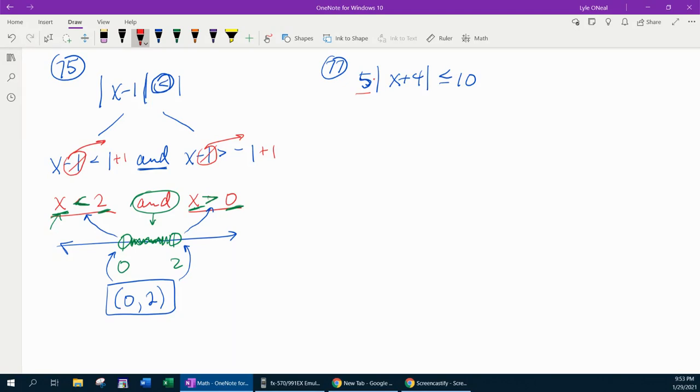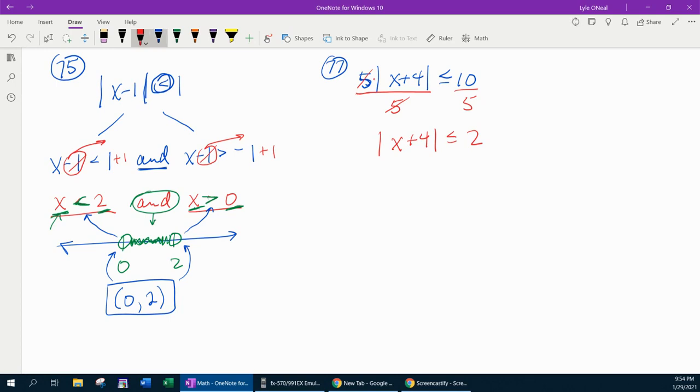In order to isolate the absolute value, I'm going to first have to divide both sides by 5. And that'll give me the absolute value of x plus 4 is less than or equal to 2. Do you see what I mean by isolate the absolute value? All by itself. You can have a lot of stuff inside the absolute value and it's still isolated as long as it's just absolute value stuff on one side.